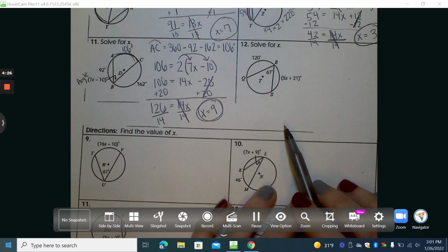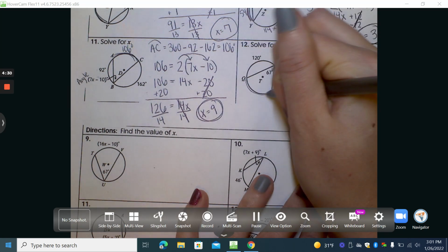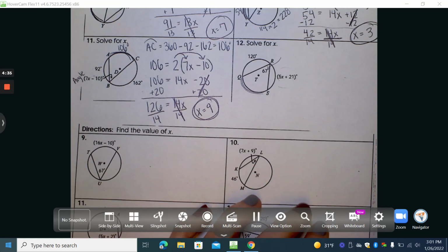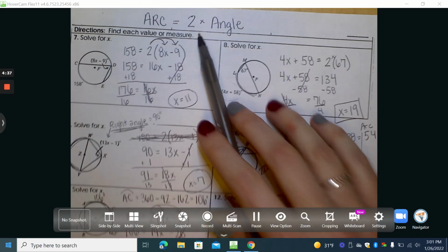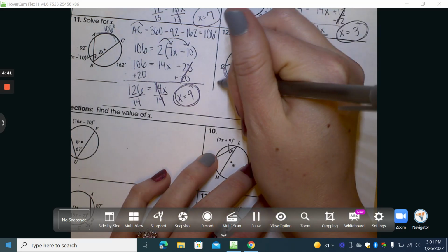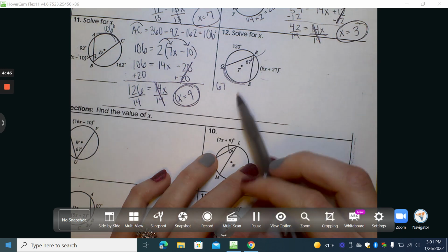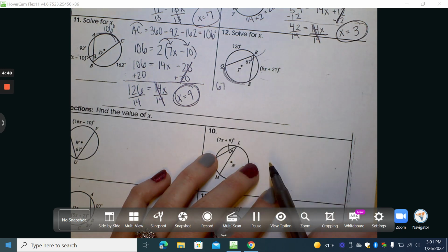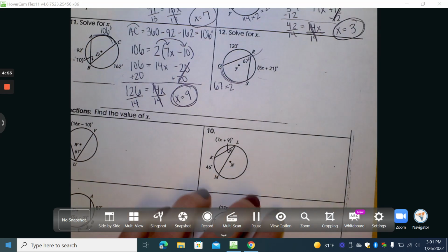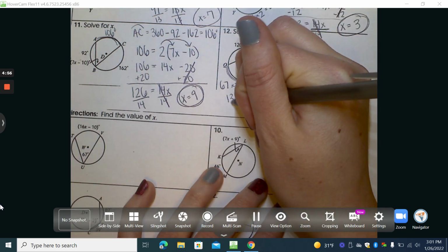All right, last example. We are given an angle. We need to know this arc in order to then solve for this arc over here. I'm not going to end up setting it up in an equation like this because really all I'm going to do is take 67. Should I be multiplying times 2 or dividing by 2 to find this arc QS? I should be multiplying times 2. So 67 times 2 gives me 134 degrees.